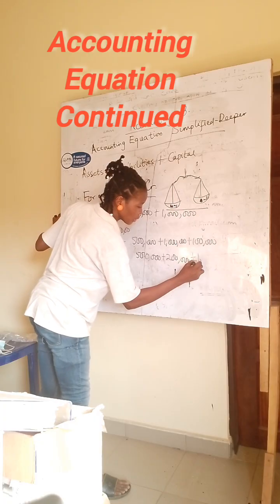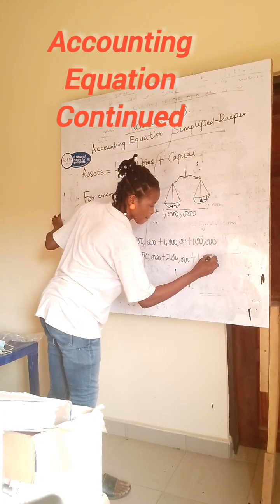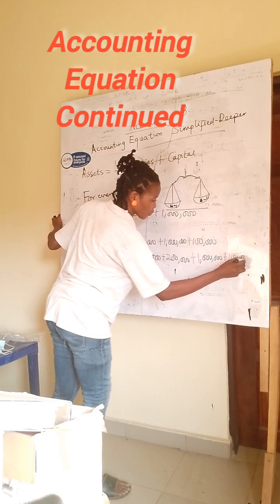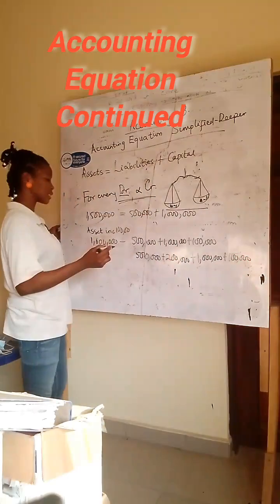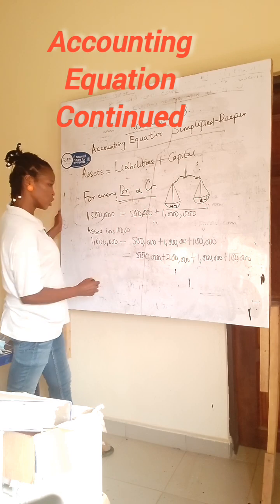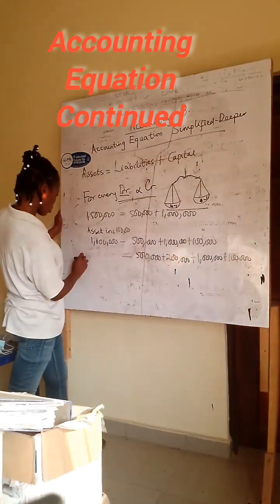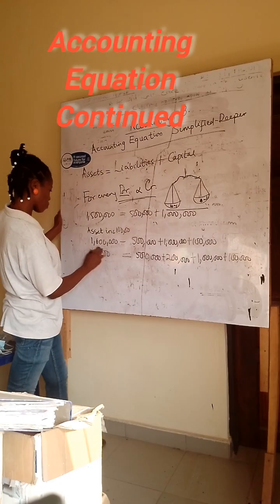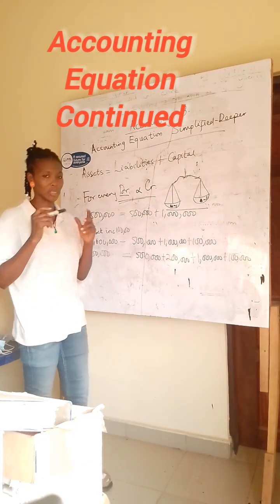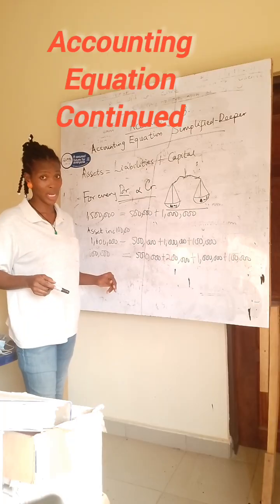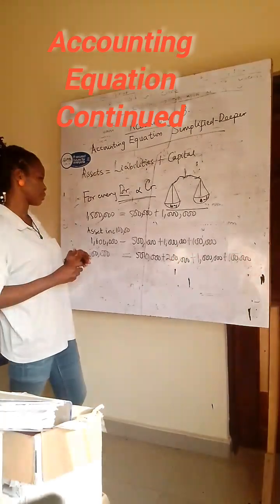You still have your 1 million naira and the 100,000 naira we had before. Because the equation was always balanced, what you're going to have here at the end of the day is going to be what? 1,800,000. So whatever happens in your business, these two sides must always balance. Are we together? These two sides must always balance.